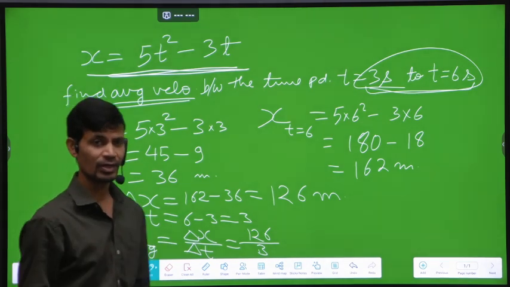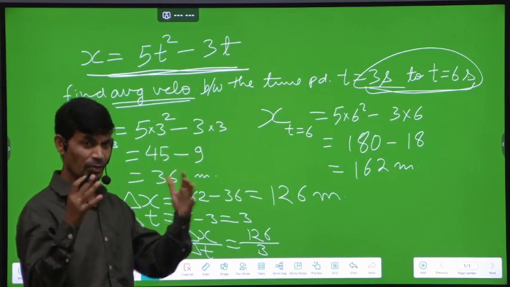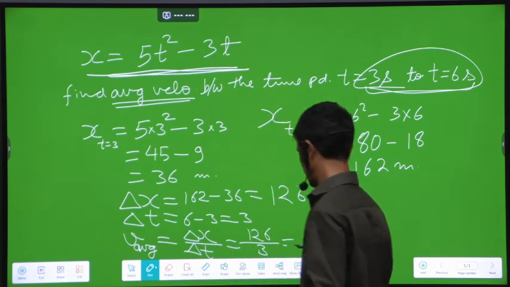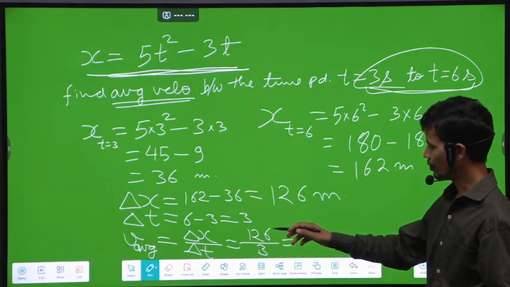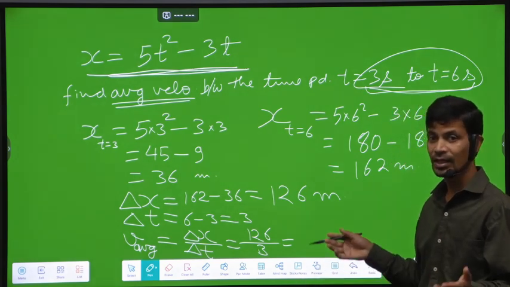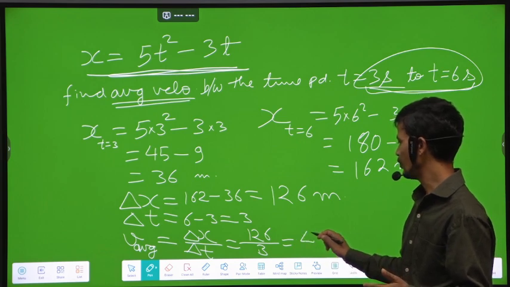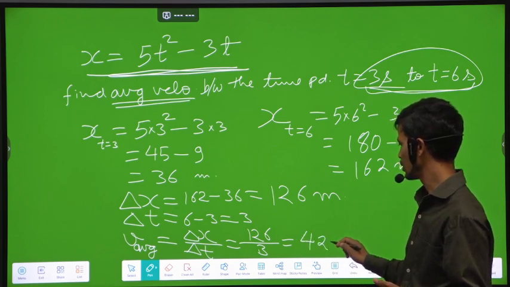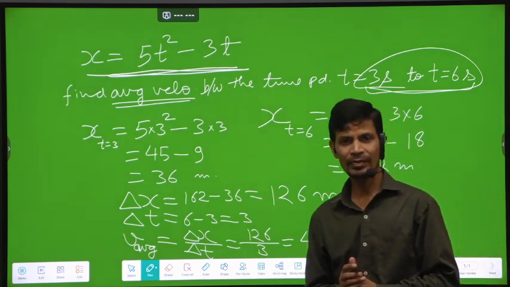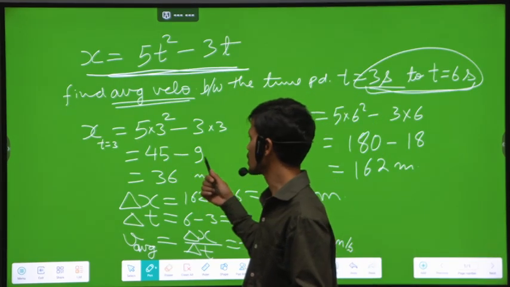Remember, for average velocity or average speed, what you need to do, you have to find some numerical values, and then you will end up with such type of numeric values, and you are going to divide something. Ordinary mathematics will be used for average velocity. So remember this thing.